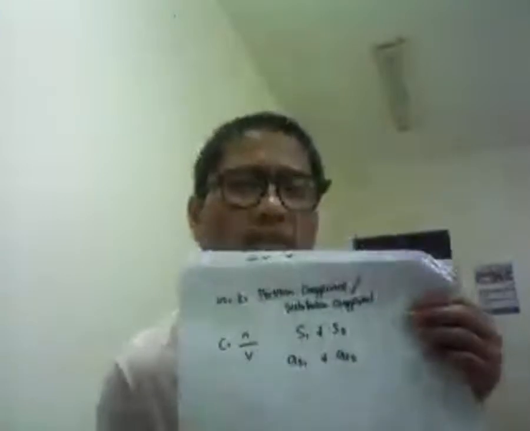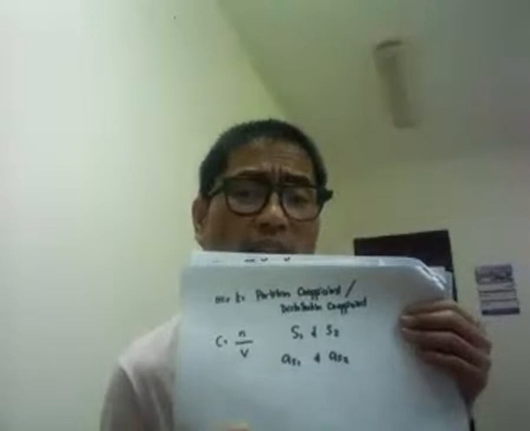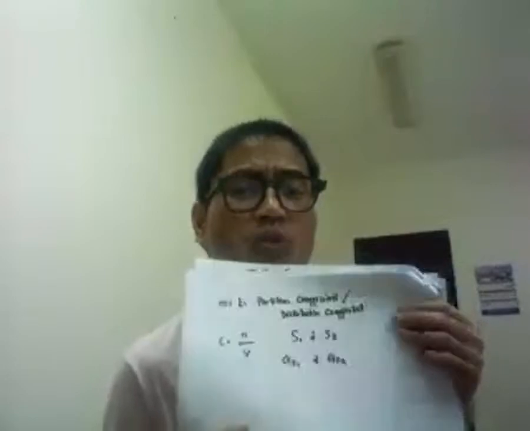We have A subscript 1 and we have also A subscript 2. So A1 is the activity of S1 and A2 the activity of S2, meaning solubility 1 and solubility 2 in the two binary liquids.